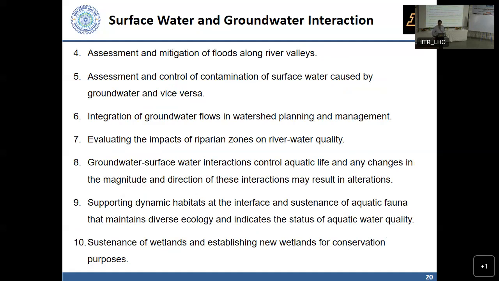The groundwater surface water interactions also control aquatic life. They support dynamic habitats, especially in wetlands and other places. So even though we tend to study surface water and groundwater as separate subjects, there are many occasions where they interact quite closely with each other.